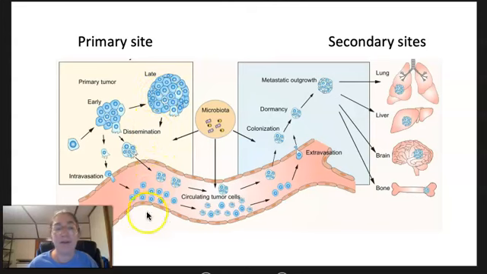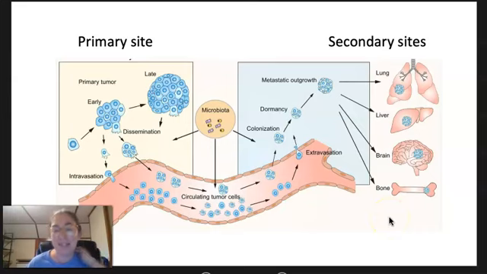Sometimes people are first diagnosed with cancer at a later stage, and they maybe are diagnosed through a radiology screen like an MRI or a PET scan. And if they have multiple spots where there's cancer, you can't necessarily tell from that PET scan what type of cancer it is. You have to do a biopsy.